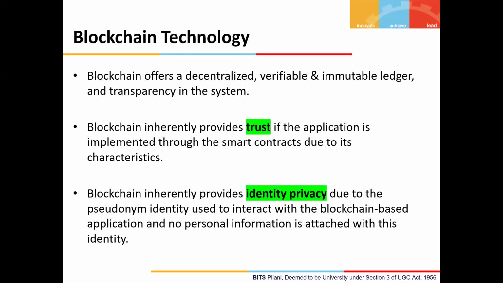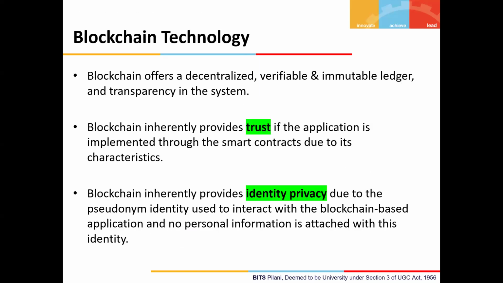Right. So here we can use blockchain to ensure the trust among the parties. And this blockchain ensures the identity privacy. So the major issue with MCS system is the trust only. So that we can achieve through blockchain.